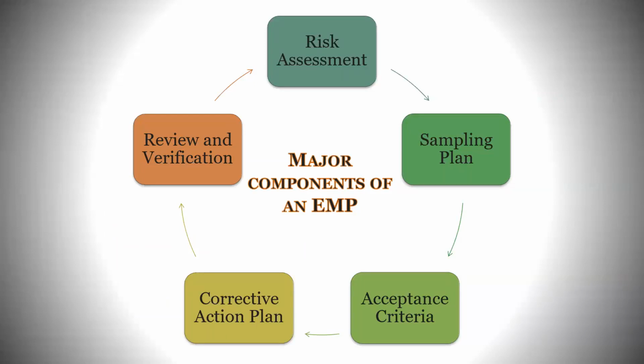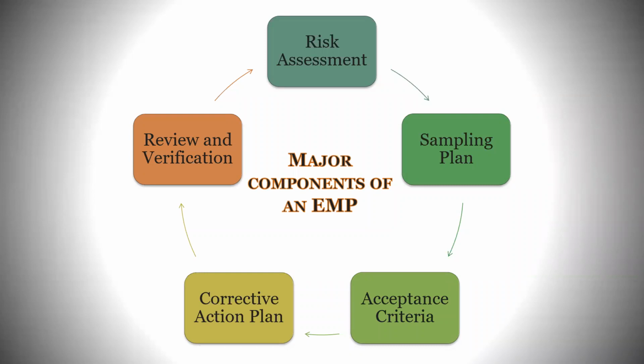So what does an EMP look like? What are the major components? A complete EMP should have at least these components. The first is, again, risk assessment. You need to present the result of your risk assessment as the reasoning for your sampling plan.